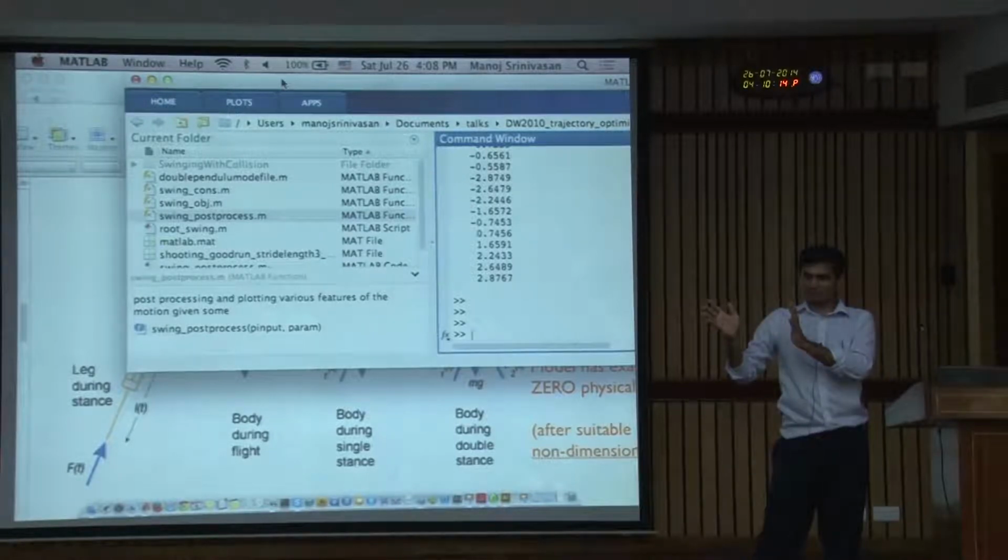Similarly, you have the same set of variables for the second flight phase. You could have initial conditions for the second flight phase, the time of swing, the torque as functions of time, and then you can try to optimize for this larger set of variables, and you would have additional constraints that patch these two things together if you have initial conditions as one of the variables for the second flight phase.